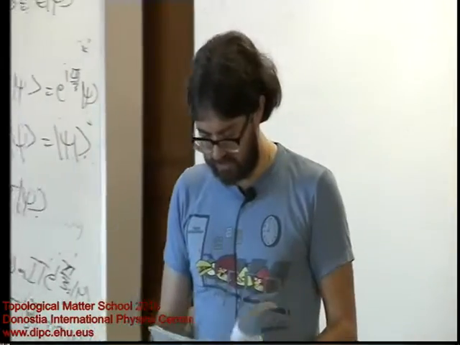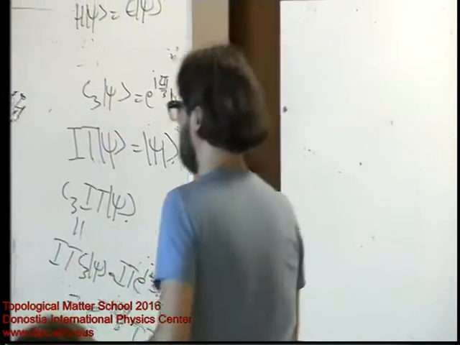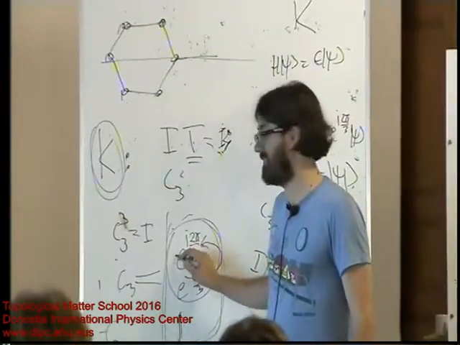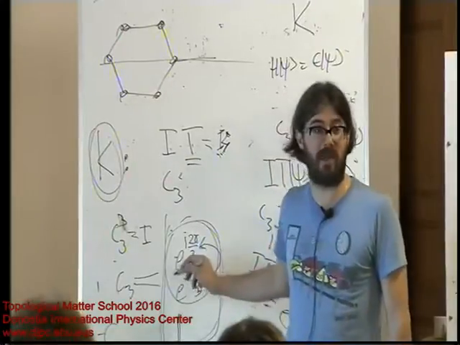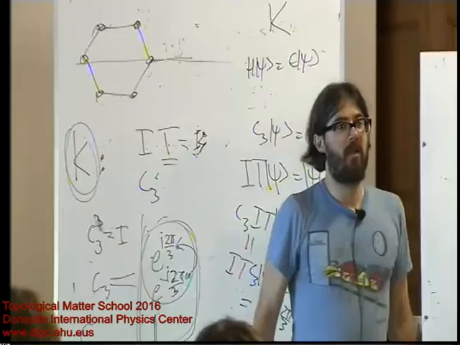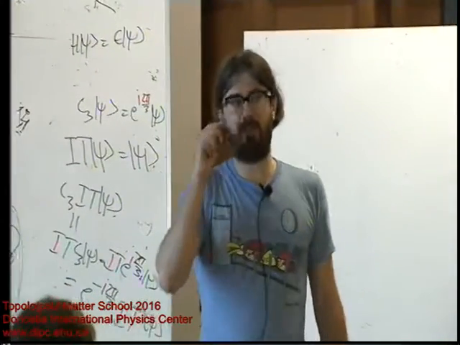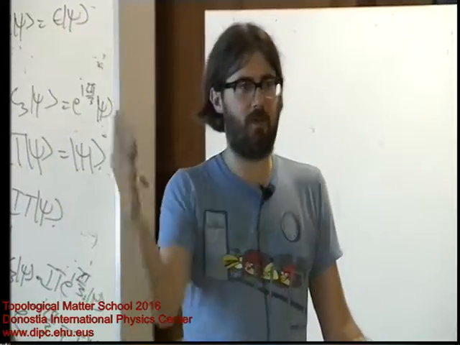So I still haven't proved to you that these are the eigenvalues of the bands, right? I said that if these are the eigenvalues of the bands at this point, then they're doubly degenerate. And you can ask, well, you told me that these look like s orbitals coming down. How can an s orbital have an eigenvalue under rotation of 2 pi over 3? That's true if my unit cell was one site.